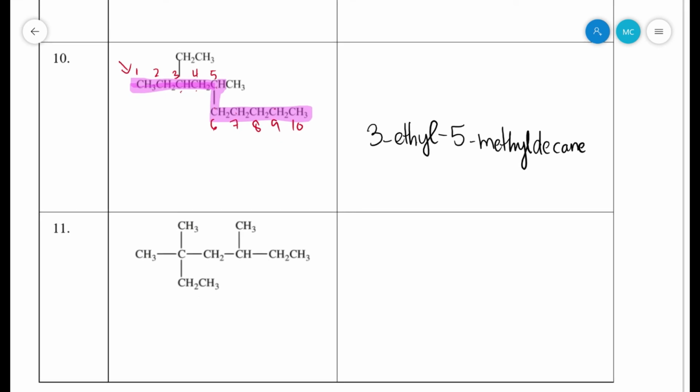Okay, and last but not least, the longest carbon chain would be actually a bent chain. So for number 11, the longest carbon chain would be a bent chain, like so. And in this chain, there are 1, 2, 3, 4, 5, 6, 7 carbon atoms. So this would be a heptane.